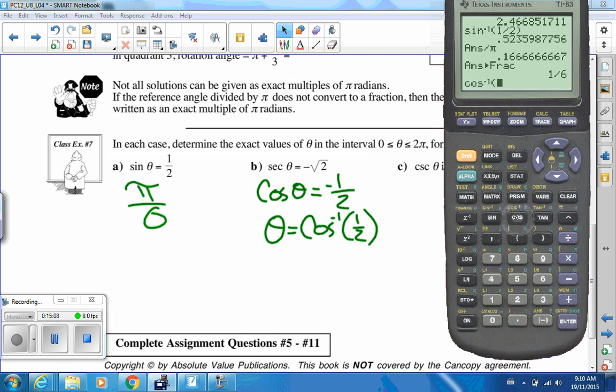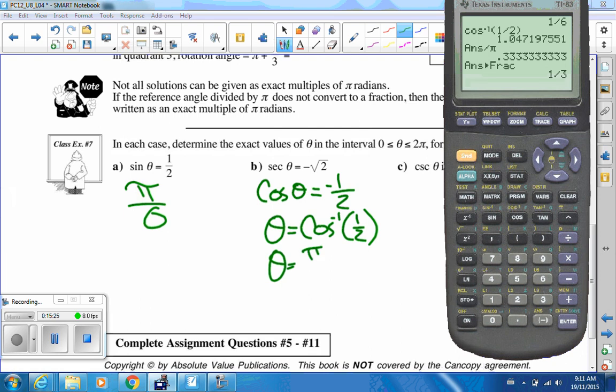So second cos, that's that value there. Divide out my pi. Math frac. 1/3. So theta equals 1/3 times pi, or pi thirds.